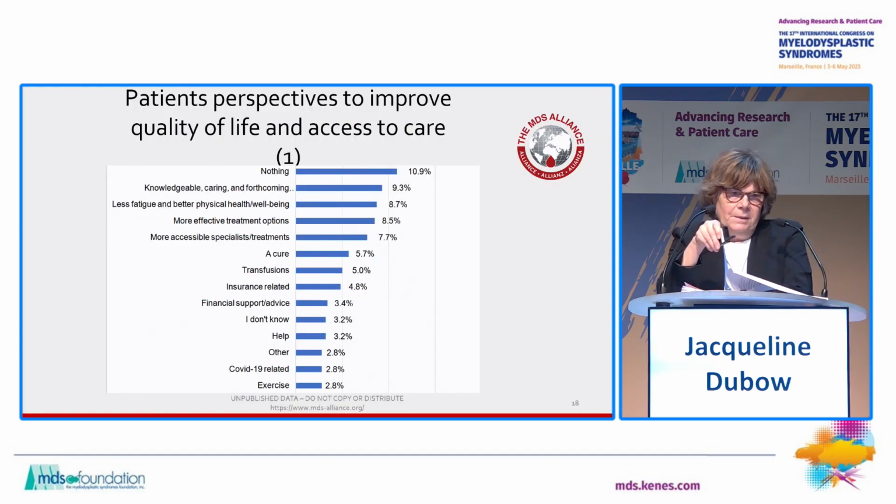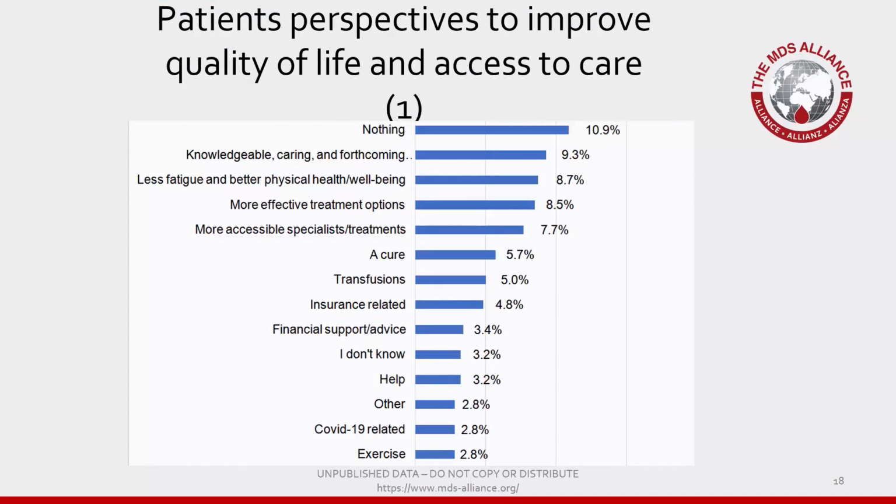So what are the patient perspectives to improve the quality of life and access to care? 10%, almost 11%, are saying nothing. I'm going to the end of this graph. Exercise, 2.8%. Being a patient myself, I know that when there is fatigue, you are told, try to walk.